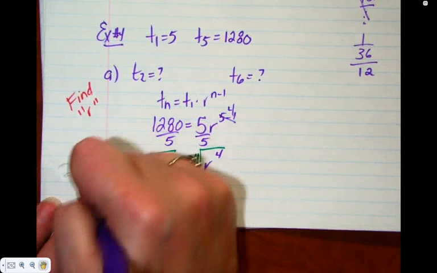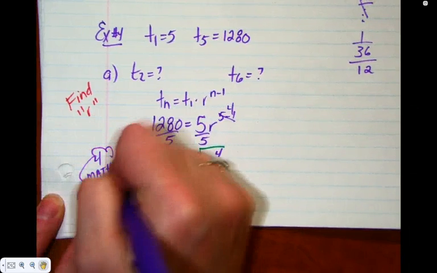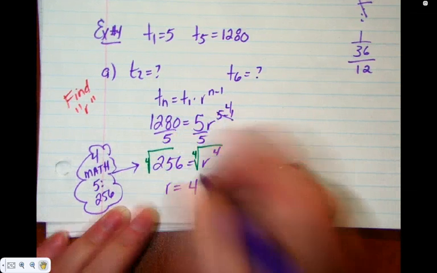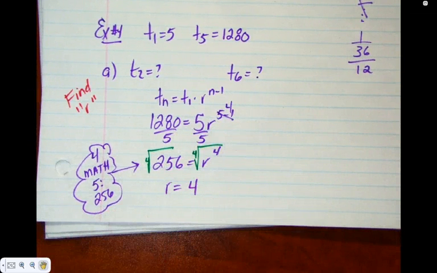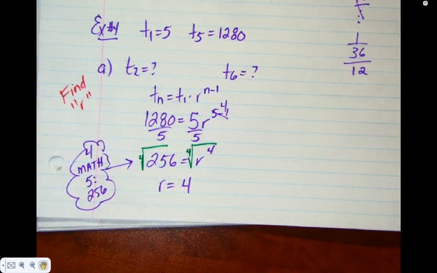And then you put the 256. I'm here and offer a 4. Confirm 4. Make sure you know how to do a fourth root or any kind of higher root on your calculator.